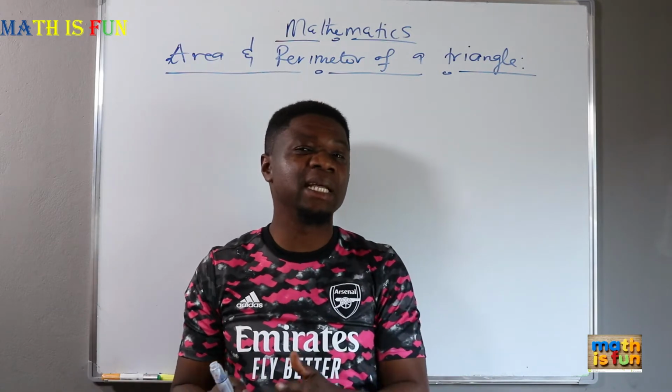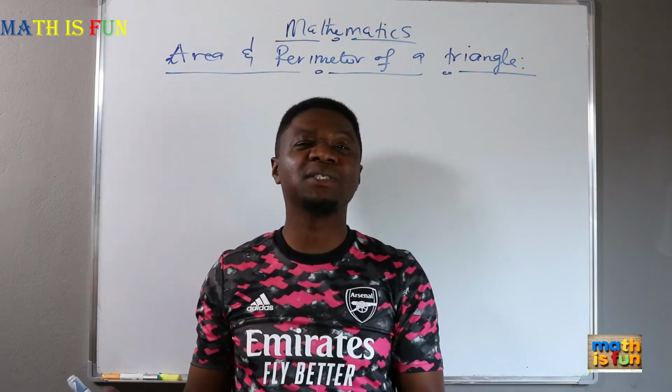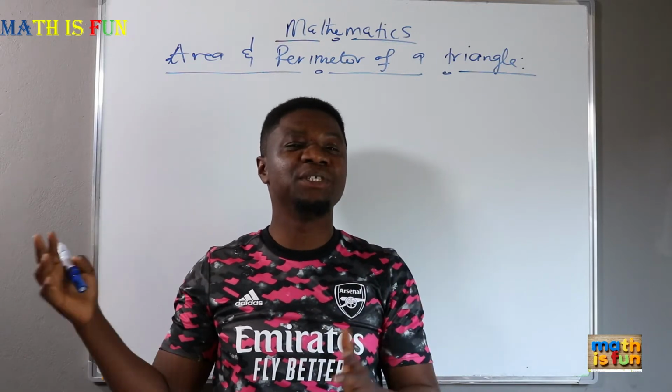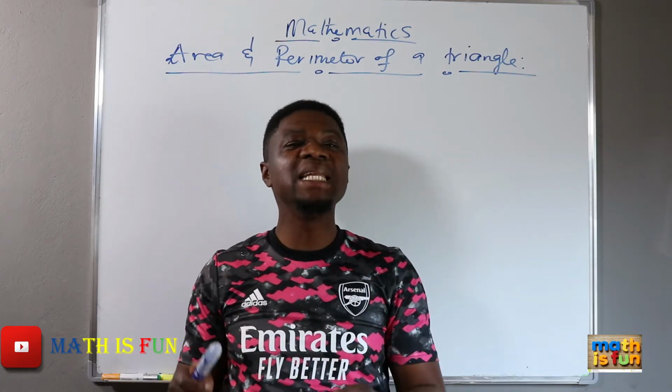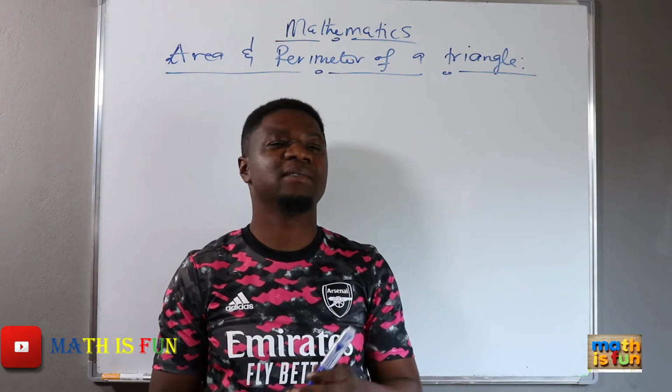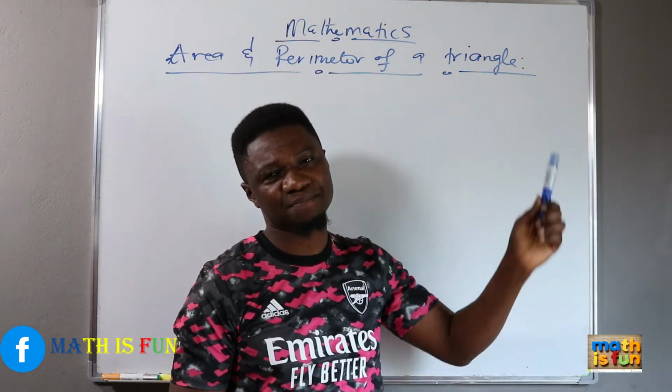As I've mentioned earlier, equilateral triangle, isosceles triangle, and scalene triangle. Today that is not where we are going. We are mainly looking at the area and perimeter of a triangle.